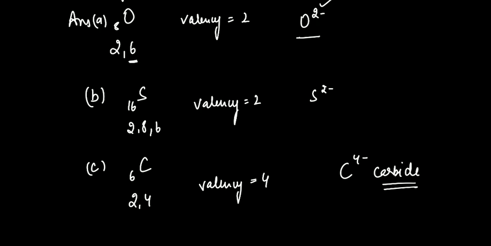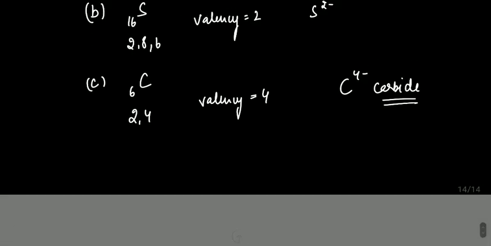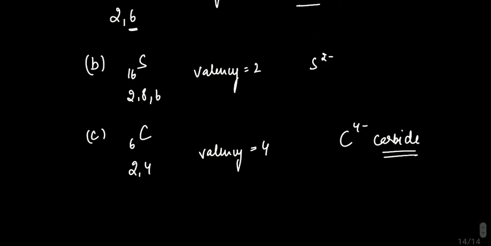So we can write C4 minus, it's carbide for sure, but it's very difficult for carbon to accept 4 electrons due to so many reasons. We'll cover it somewhere in organic chemistry. So I hope you understood all these questions, and I hope you have already started memorizing all these basic concepts for understanding future lectures. So thank you for learning along with me.